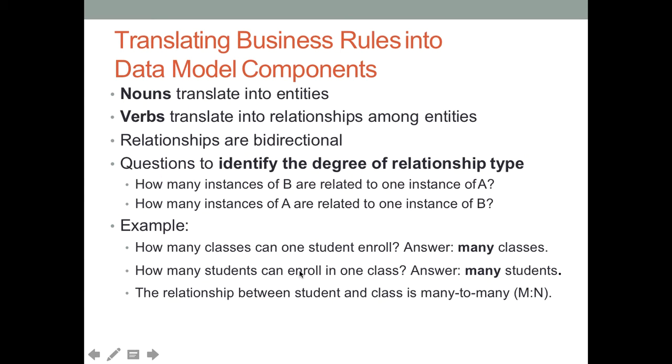How many classes can one student enroll in? Many classes. How many students can enroll in one class? The answer is also many students. So the relationship between student and class is a many-to-many relationship.